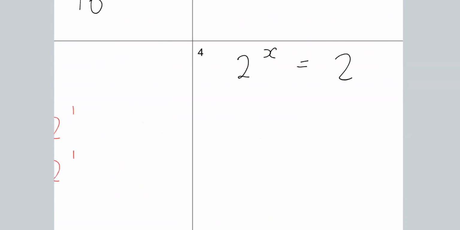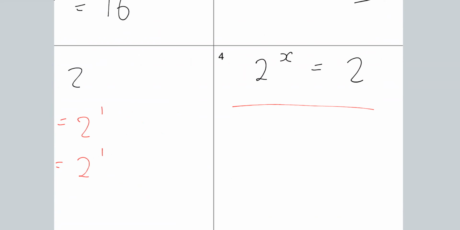And so that means that I would have 3 over x is equal to 1 by equating powers. Multiply both sides by 3. And I've got x is equal to 3, or 3 is equal to x.